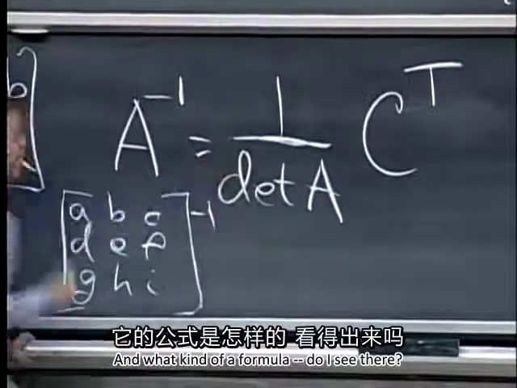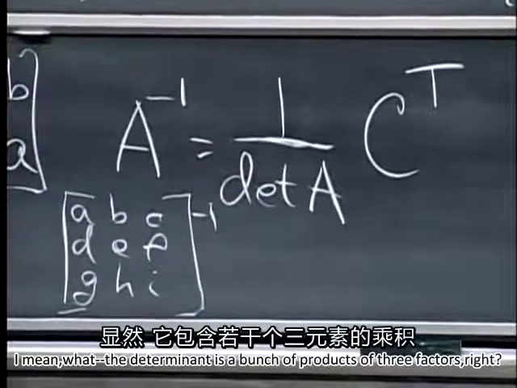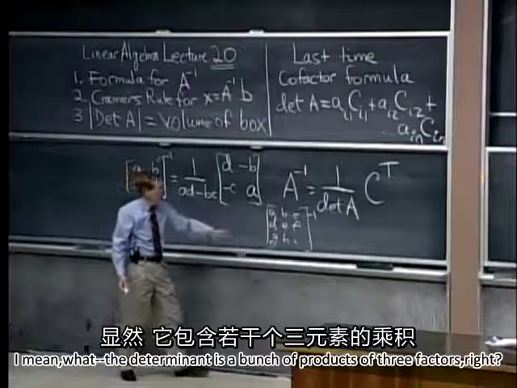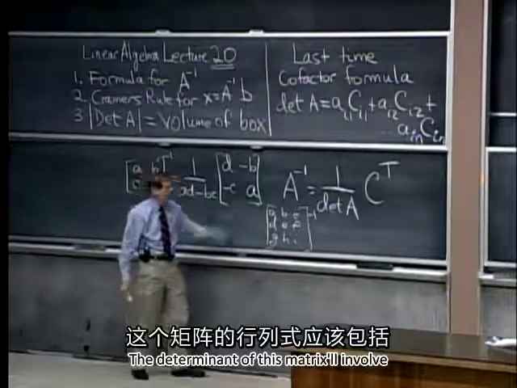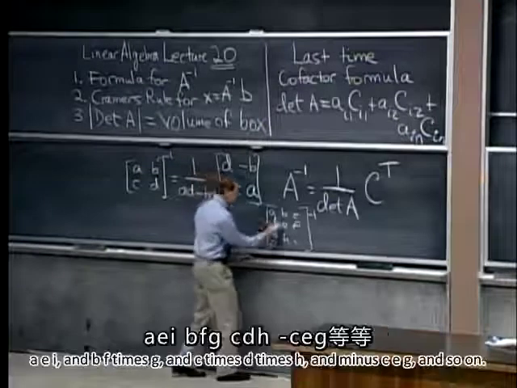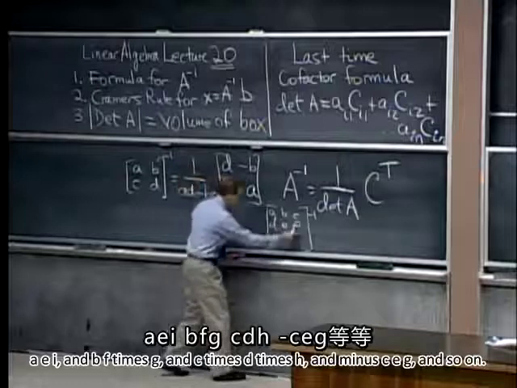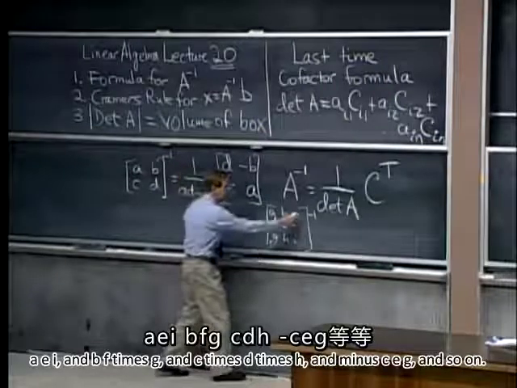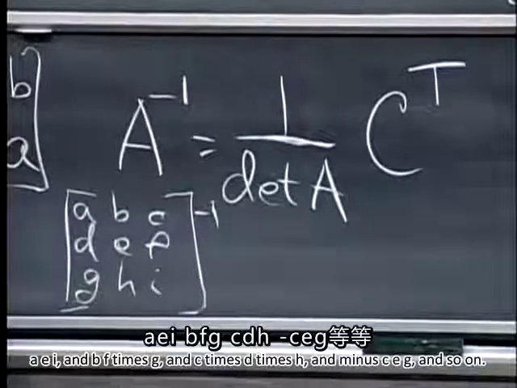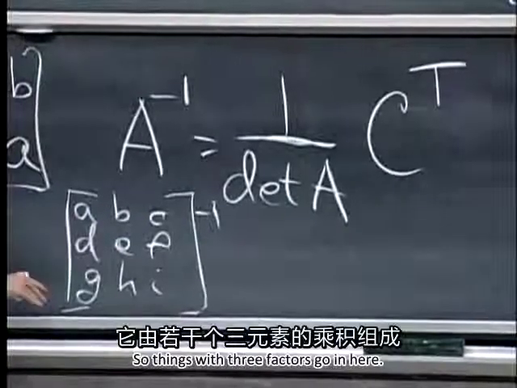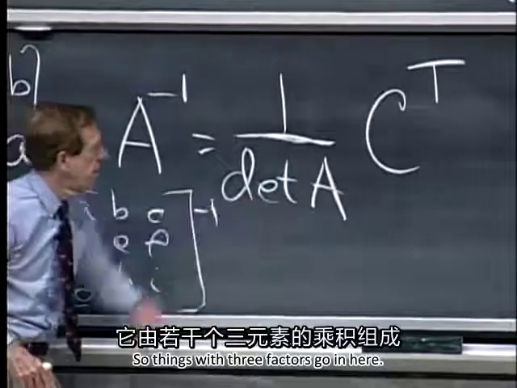And what kind of a formula do I see there? I mean, the determinant is a bunch of products of 3 factors, right? The determinant of this matrix will involve A, E, I, and B, F times G, and C times D times H, and minus C, E, G, and so on. So things with 3 factors go in here.